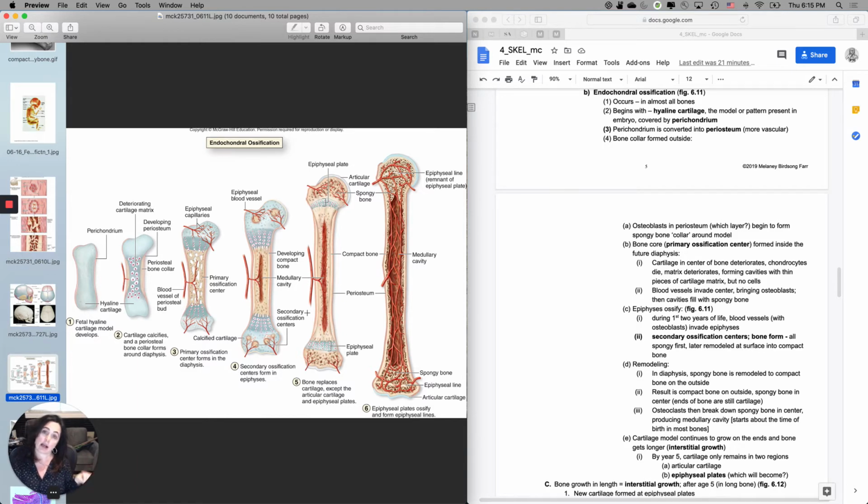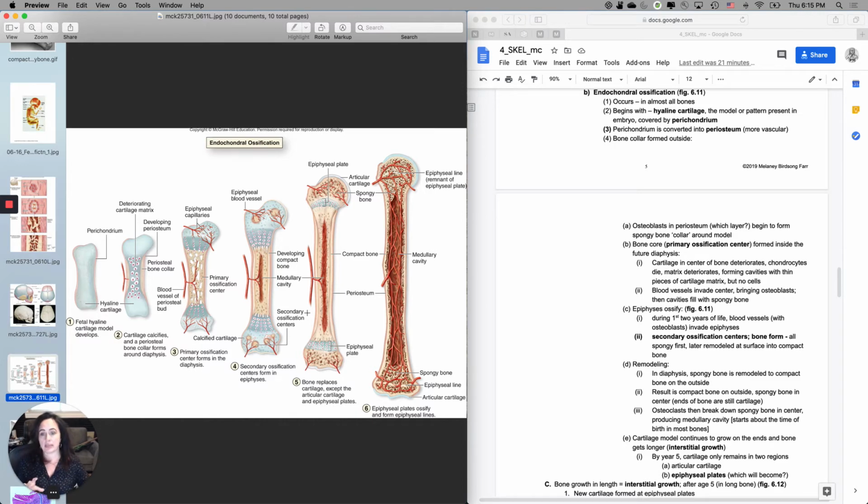Osteoblast, osteoclast, or osteoprogenitor cell? Yeah, you can use osteoclast to scoop those out, and then you'll make yourself a medullary cavity. And you can remodel the spongy bone collar into compact bone with osteoblast, osteoclast, and osteoprogenitor cells, which are part of the periosteum.